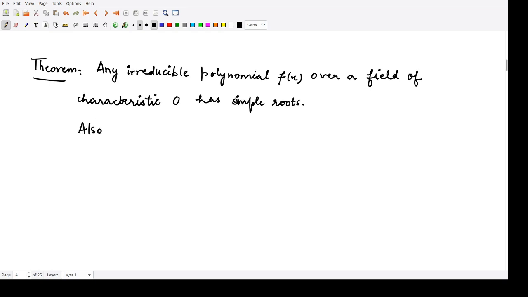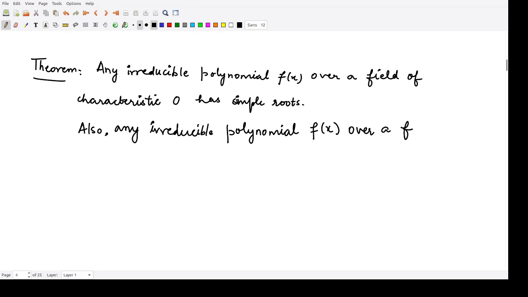Also, any irreducible polynomial f of x over a field F of characteristic p, where p is not equal to 0, has multiple roots.